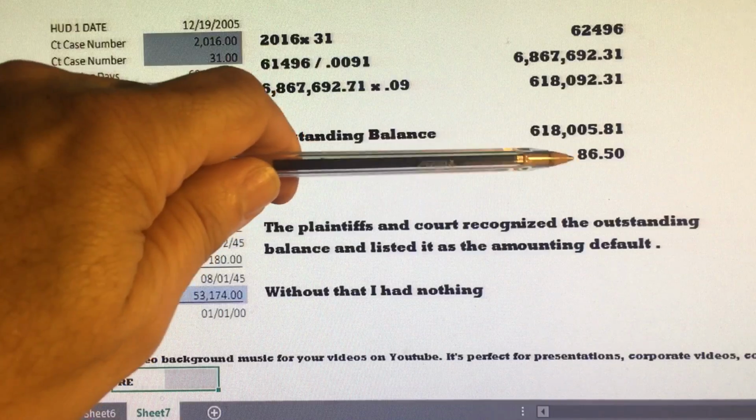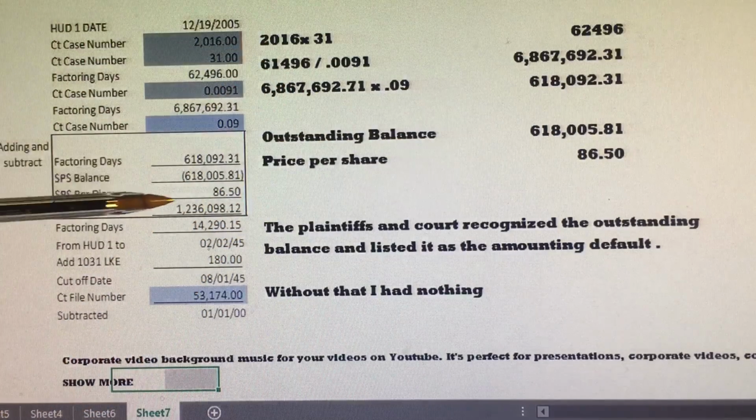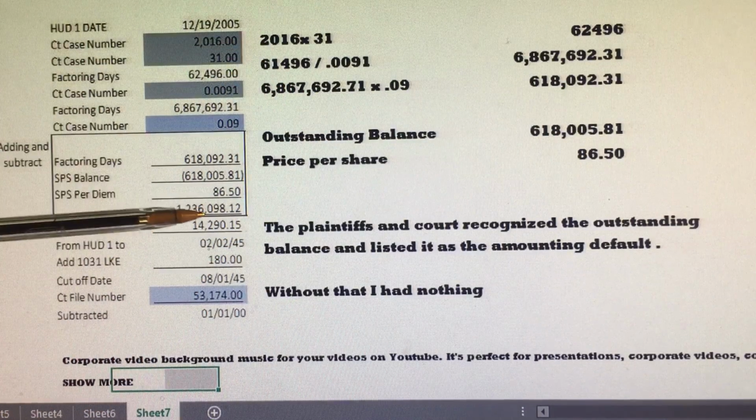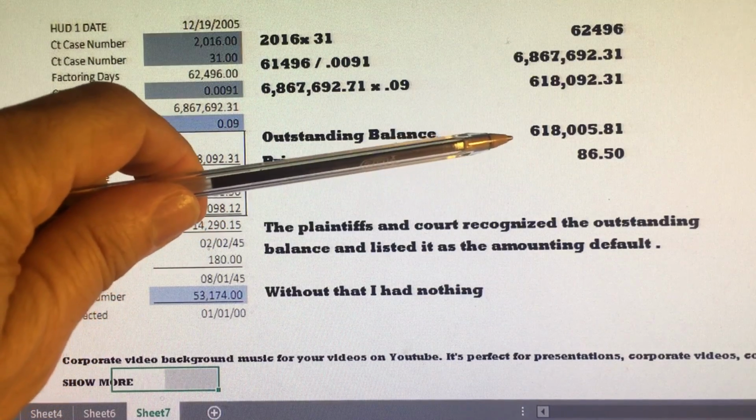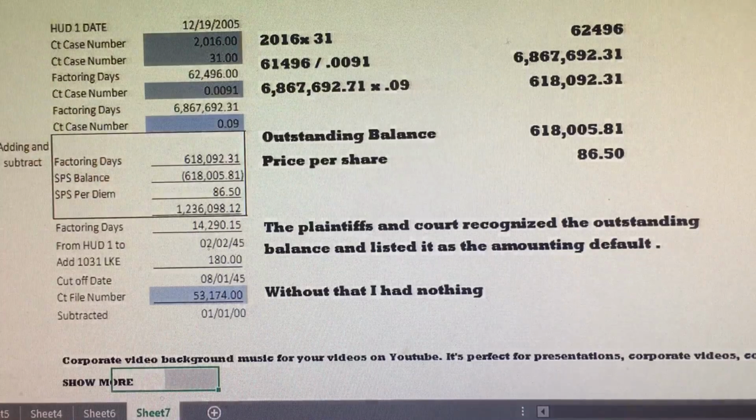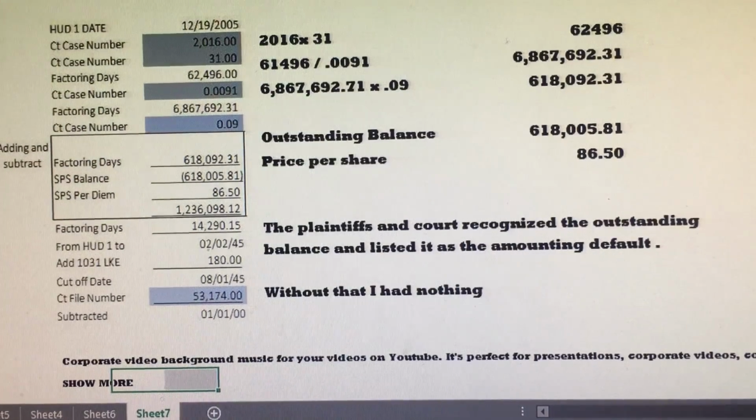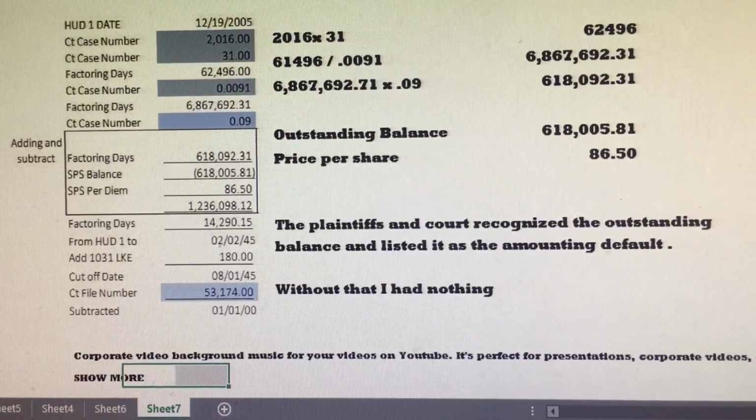We now took the difference, which is a margin of 86.50. Then what we did was we doubled it. We factored it by 2 because the servicing statement says there's an outstanding principal balance, and then it said there's a interest-bearing principal. They're matching balances, mirror balances. You getting this?